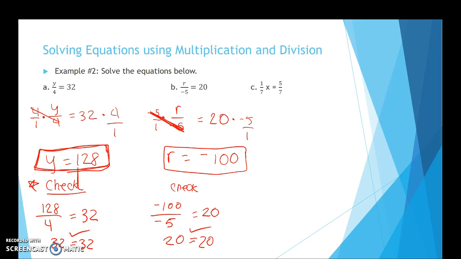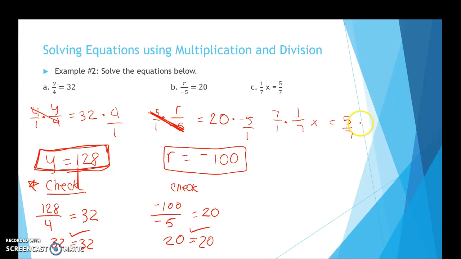The last example here is 1/7 x equals 5/7. So let me rewrite this. 1/7 x equals 5/7. We're working with two fractions here, but don't let that make you nervous or anything. So we're going to get rid of this 1/7 here on the left. So I'm going to multiply by the reciprocal, which is 7 over 1.